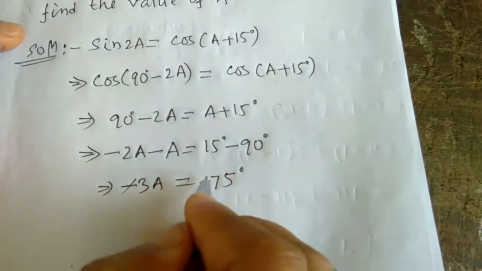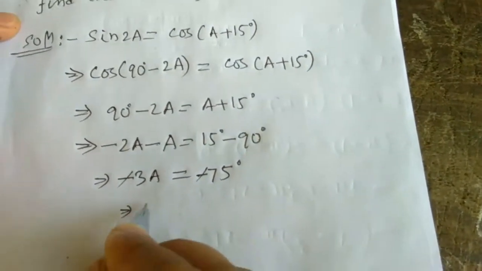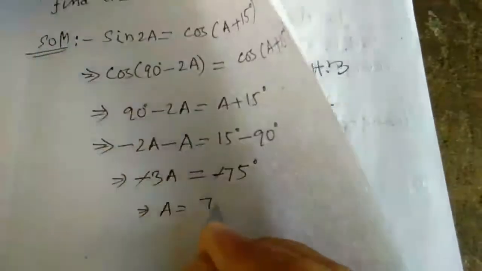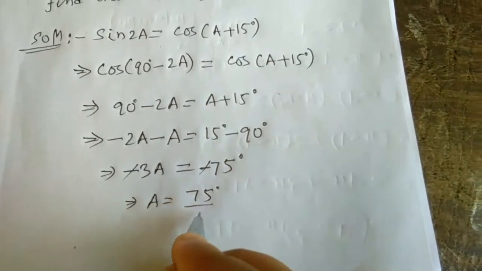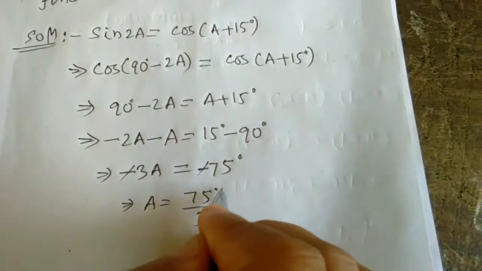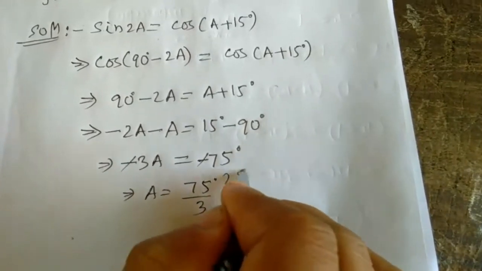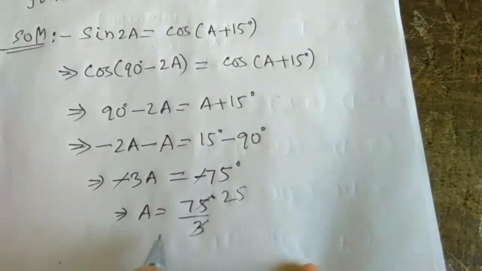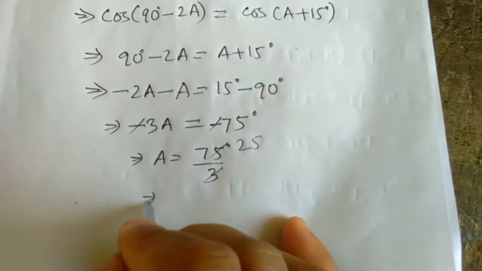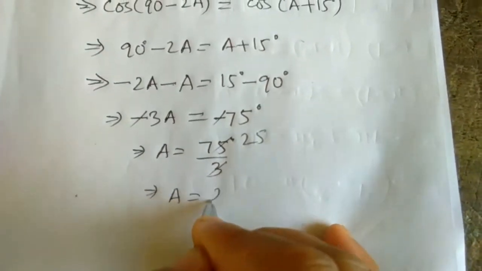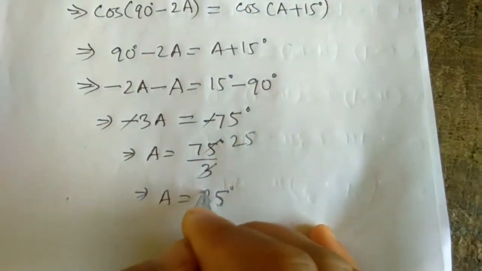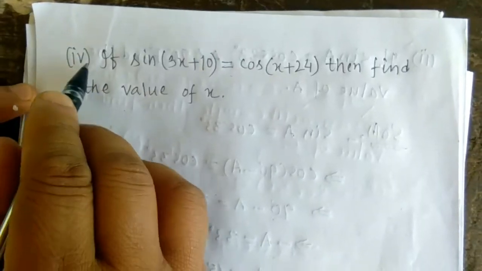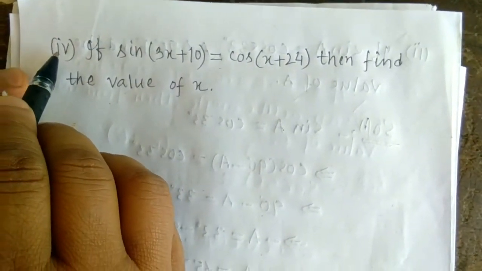Okay, minus minus from both sides we can cancel. a equals 75 degrees by 3, 3 2s are 6, 1 remains, 3 5s are 15. All right, so a equals what you got? 25 degrees, 25 degrees. Okay, so today's last question, 8.4.